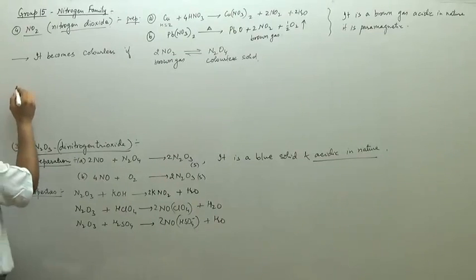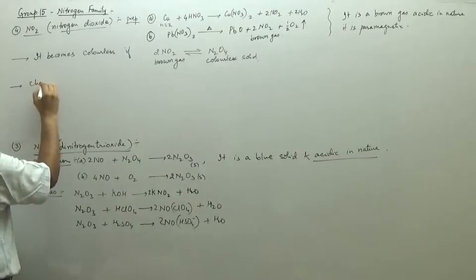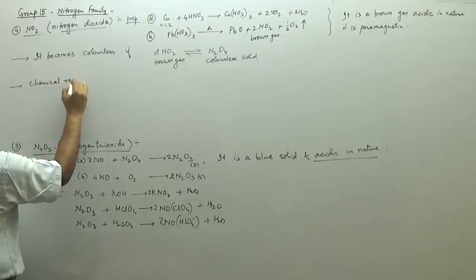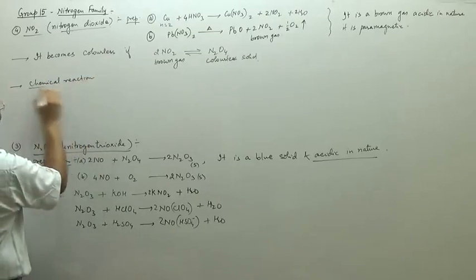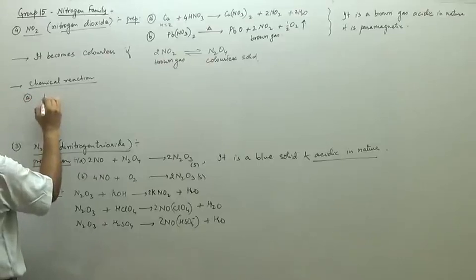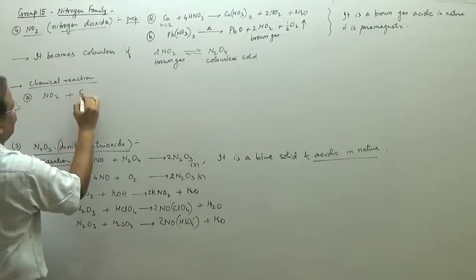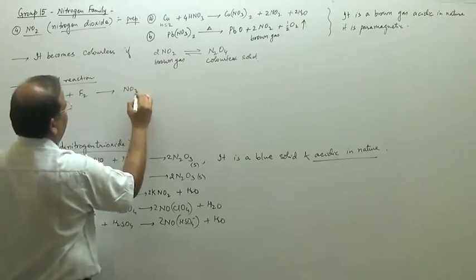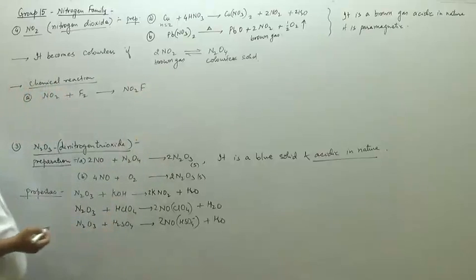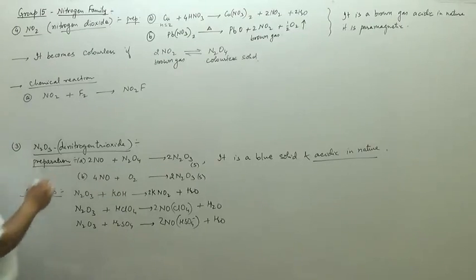Now if we talk about its chemical reactions, they are like this. NO2 when it reacts with fluorine gives NO2F. That will be formed like this.